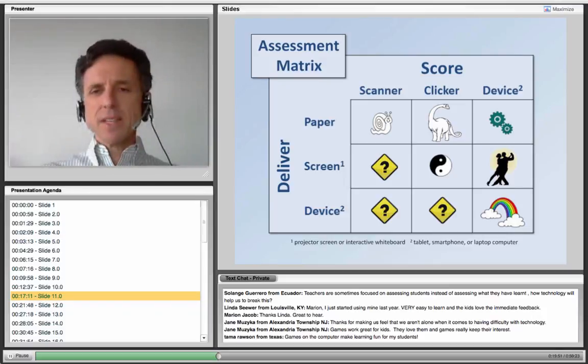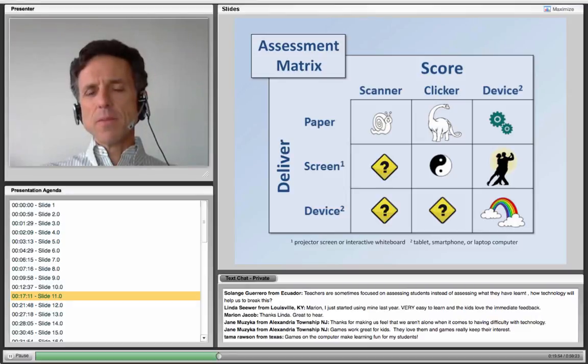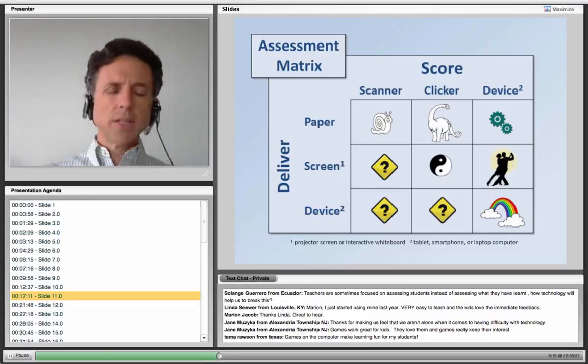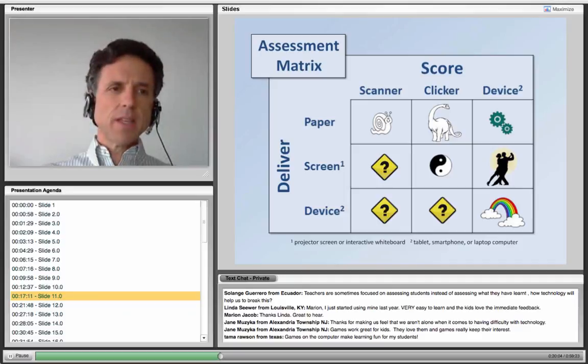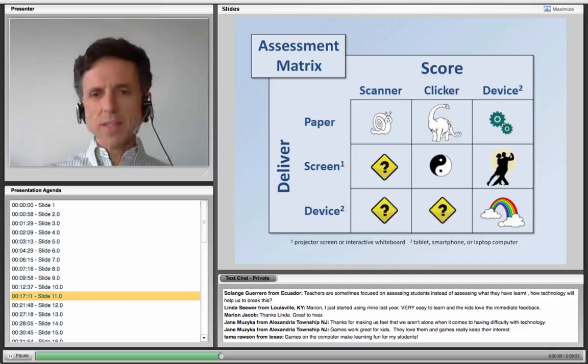And the reason is the companies that put out clickers generally had support for external, paper-based tests, but they generally had one deficiency, as they don't go back and forth very easily.